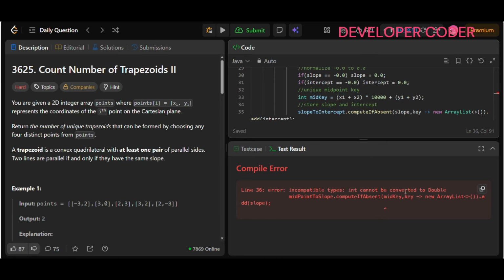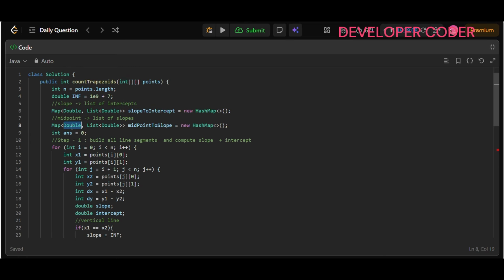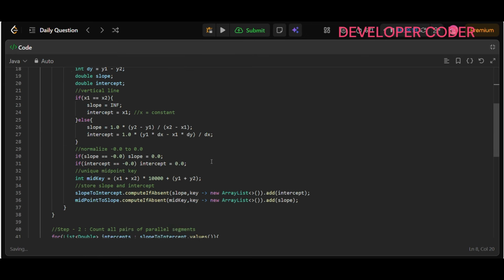Incompatible types, int cannot be converted to double. Mid key, oh, I'm calculating the mid key. Okay, int mid key is nothing but this. So I think at the top I'm taking a double, so I have to change it to integer. That is why I'm seeing this issue.